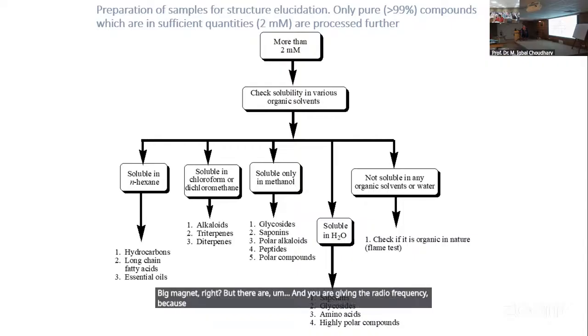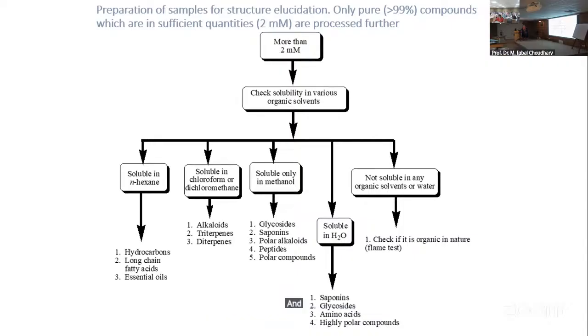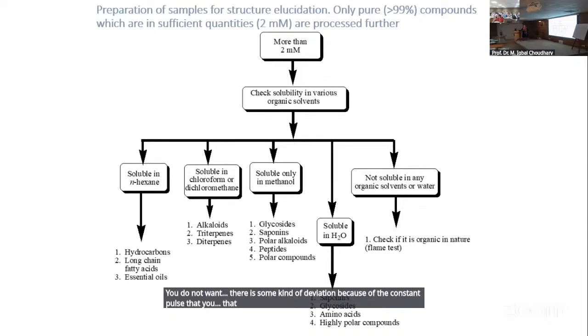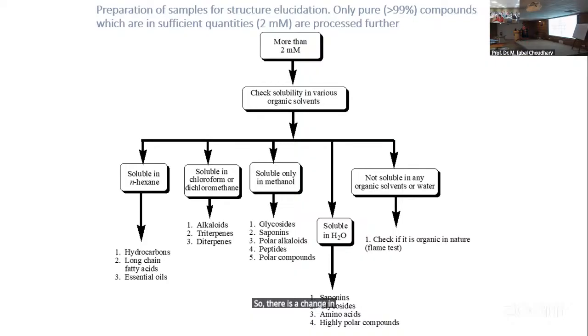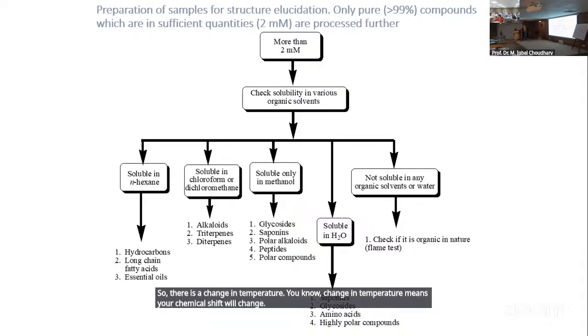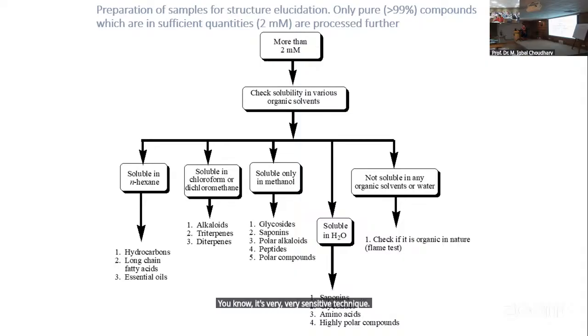With the passage of time, you want to keep the stability and the homogeneity constant, and you do not want any deviation because of the constant pulses that your sample is receiving. So there is a change in temperature, and a change in temperature means your chemical shift will change. It's a very, very sensitive technique, sensitive in the sense that every change has an effect.